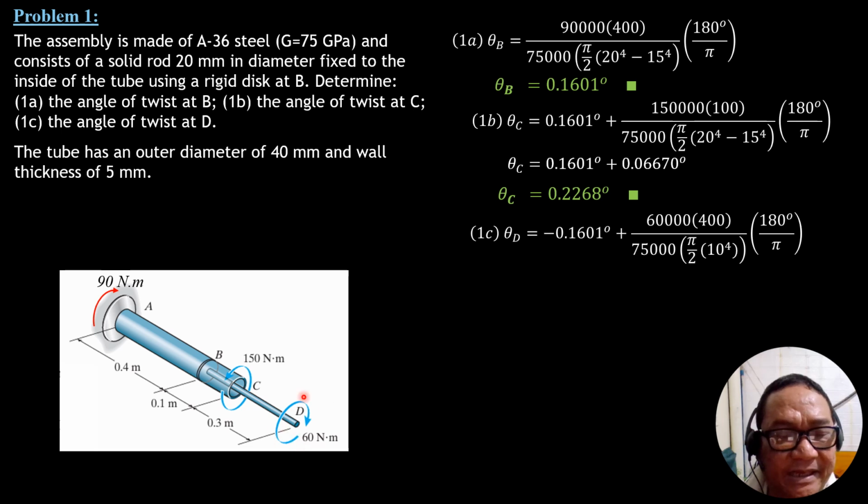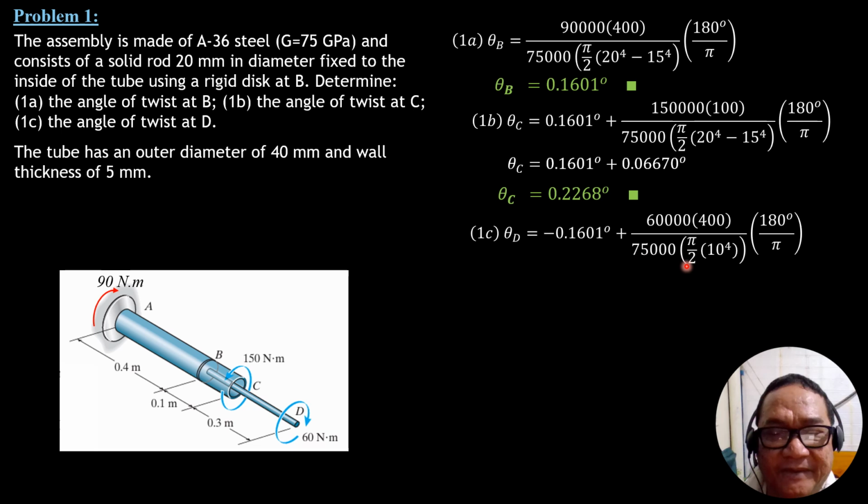The torque is 60, then the length is 400 from B to D. Remember, 0.1 plus 0.3 is 0.4 meter or 400 mm. Conversion factor, divided by G. And because it is now solid with radius 10 mm, the rod is 20 mm in diameter, so 10 mm in radius.